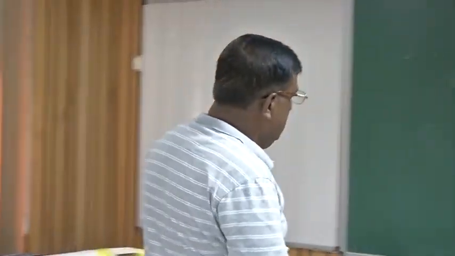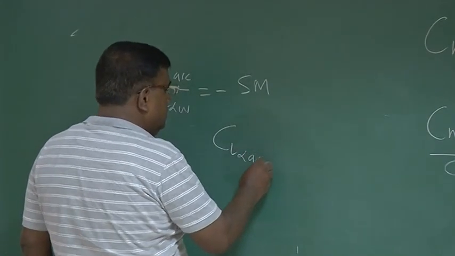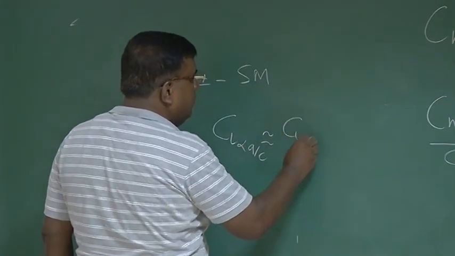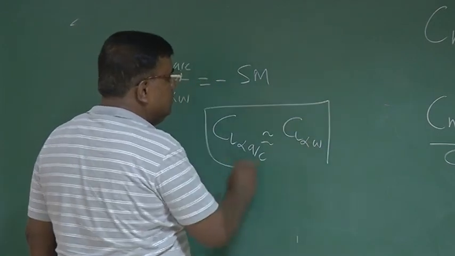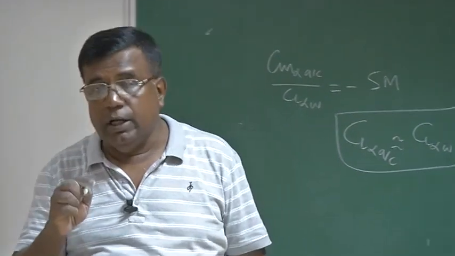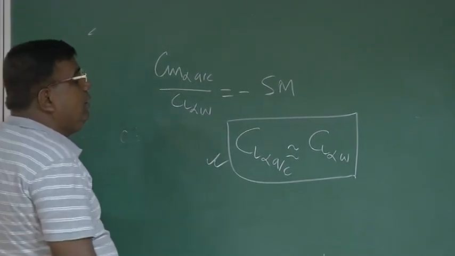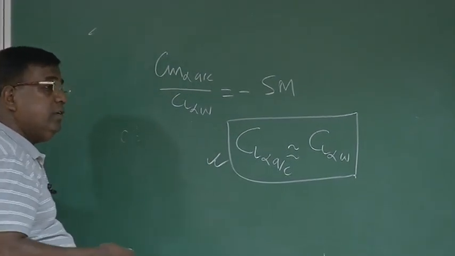That is, CL alpha of the aircraft is approximately equal to CL alpha of the wing. This is an approximation. I am doing this because I understand the CL alpha of the tail based on the wing reference area will be very small compared to CL alpha of the wing. So this is the whole trick to get a designer's feel.